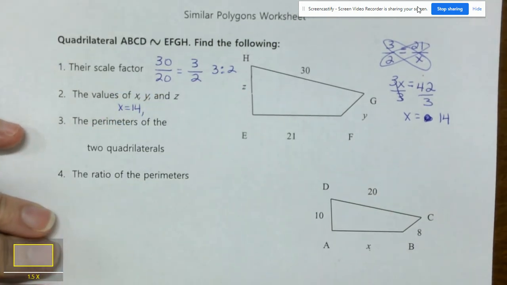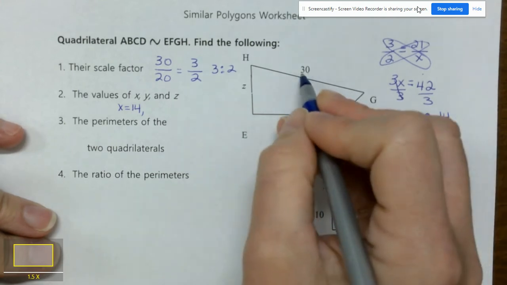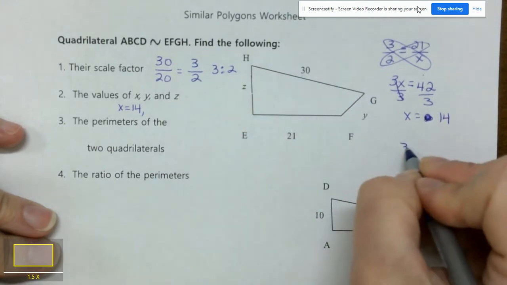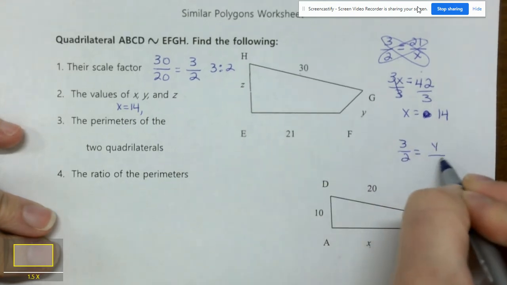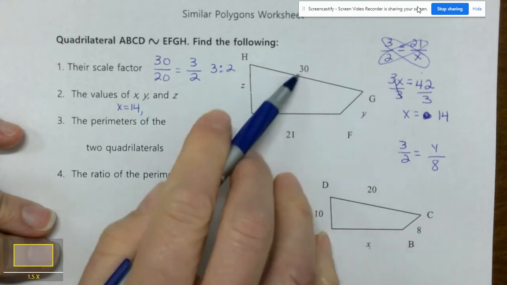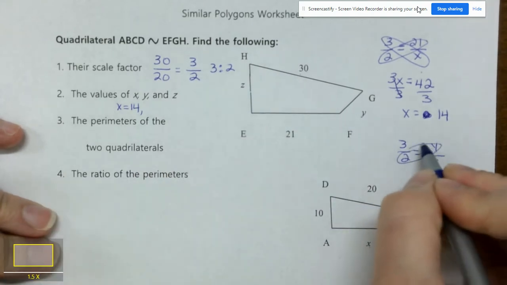All right, for the y, again, we're going to set up a proportion. So 3 is to 2, this time as y is to 8. We have to keep what we use on top and bottom corresponding to top and bottom. So now we cross multiply.